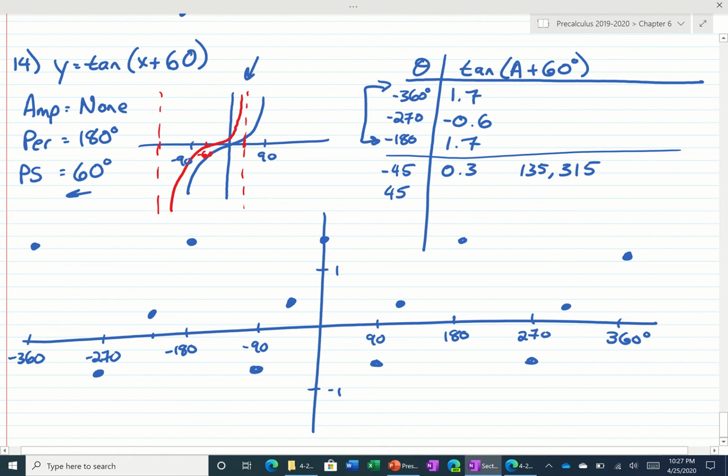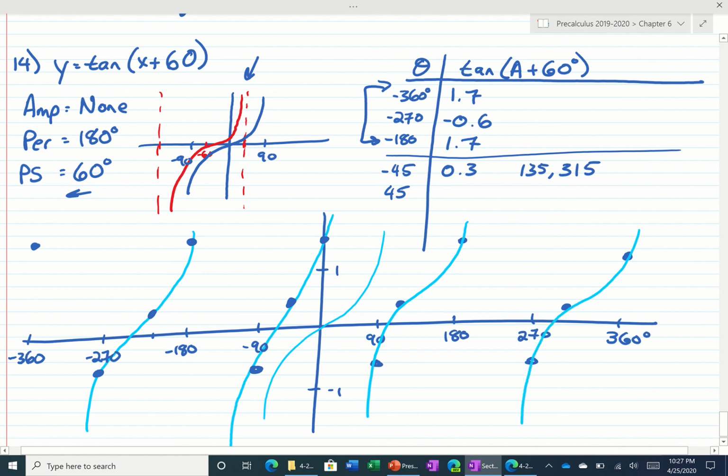So usually at 0, the graph would look like this. So if we're moving everything to the left 60, my guess would be the graph would look like this. Something like that. Right, so that's what I would accept for the graph. If we moved all of these points 60 degrees to the right, we would get the normal shape of tangent.